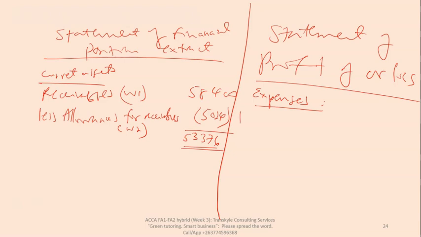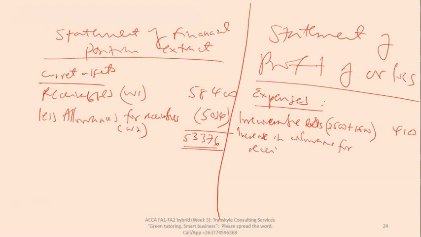We have got irrecoverable debts, and we know those ones, the 4,100. We also have increase in allowance for receivables. That is 5,024.